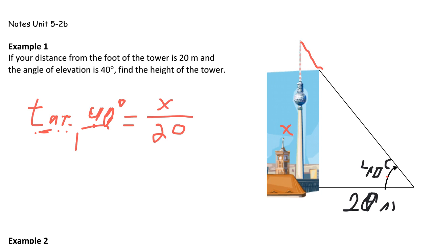Remember, if we have these ratios, put it over 1, cross multiply, and we get x equals 20 times tangent 40. That gives us 16.78. So we're going to call it 16.8 meters. Don't forget your units. That's the height of our tower, 16.8 meters.